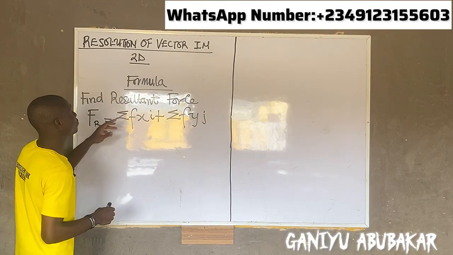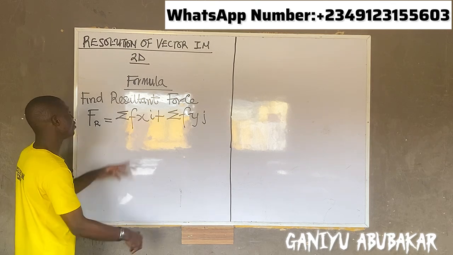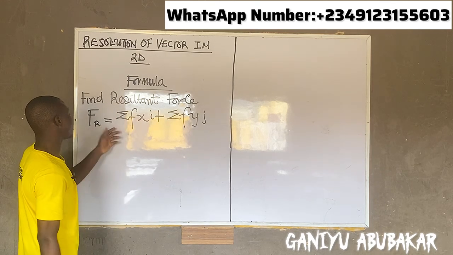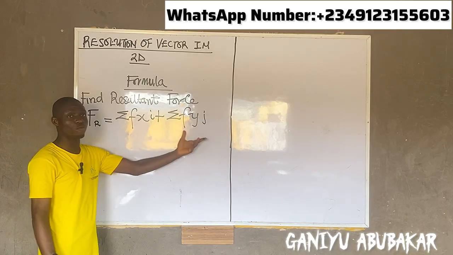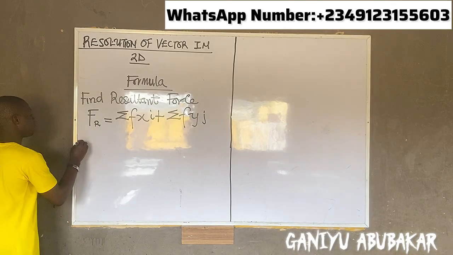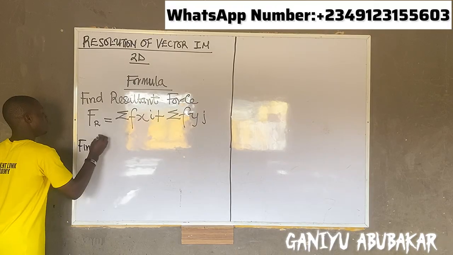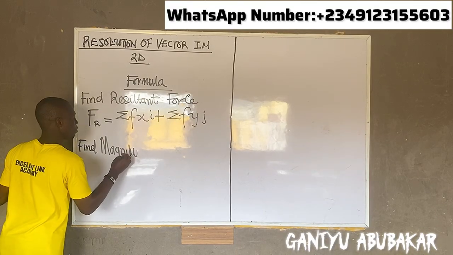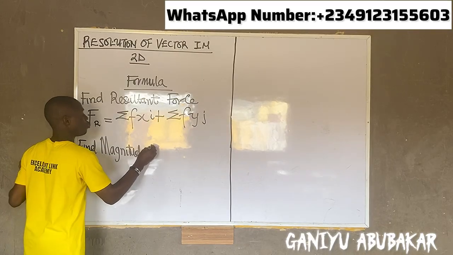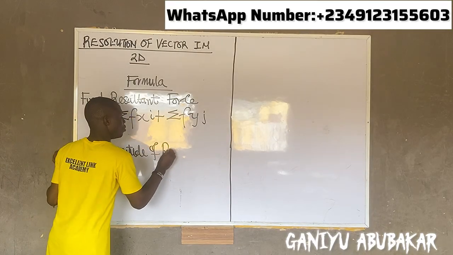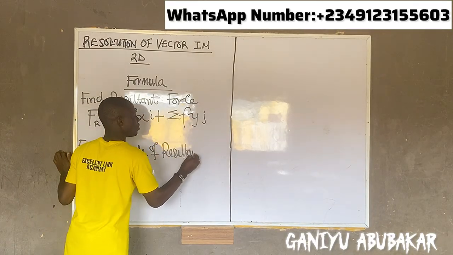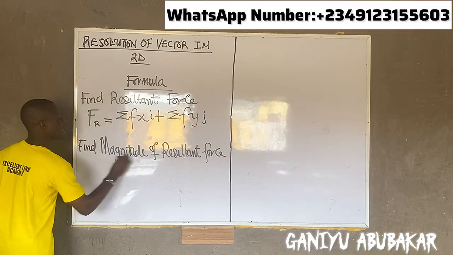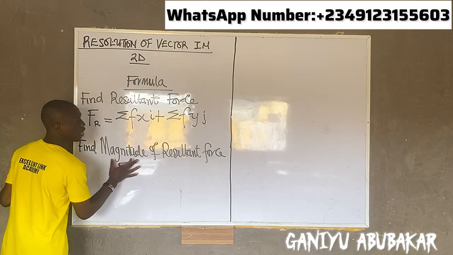So if you're asked to find the resultant force, the resultant force is Fr, that's summation F of x plus summation F of y. Also, we may be asked to find the magnitude of resultant force. Magnitude is also known as modulus.